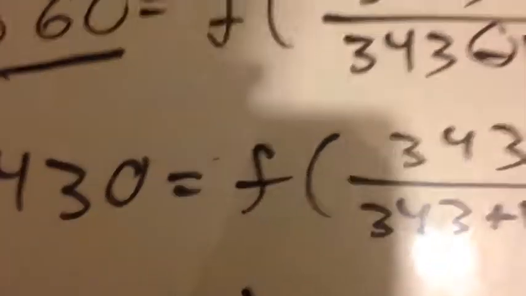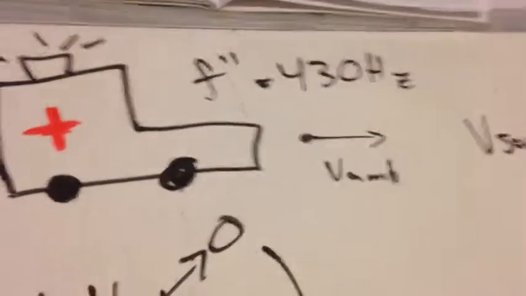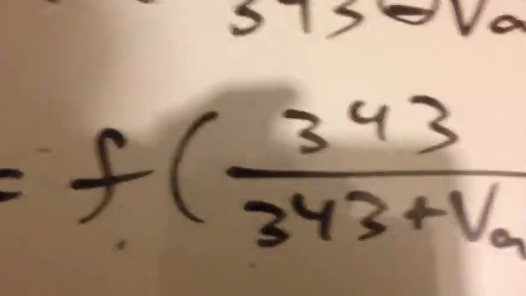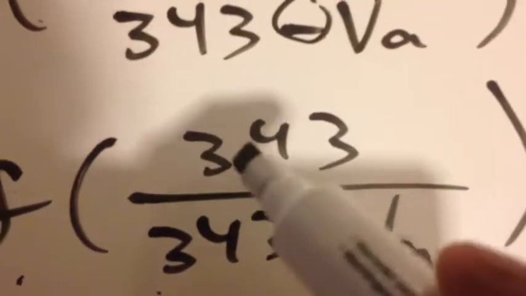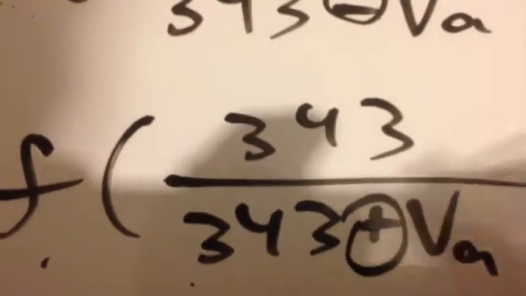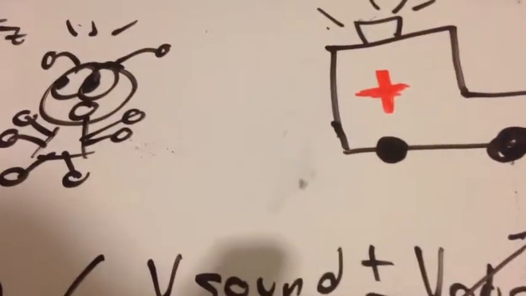And we have our second equation, which is 430, the second frequency we have, equals the same frequency times 343 over 343, this time plus the velocity of the ambulance because it's going away from you.